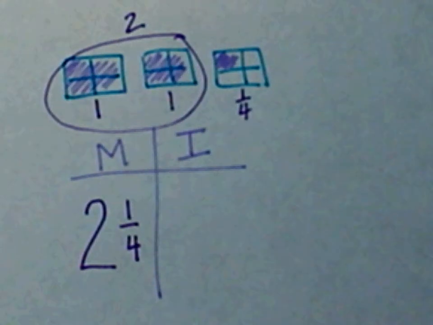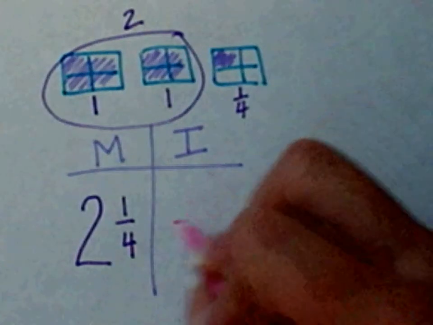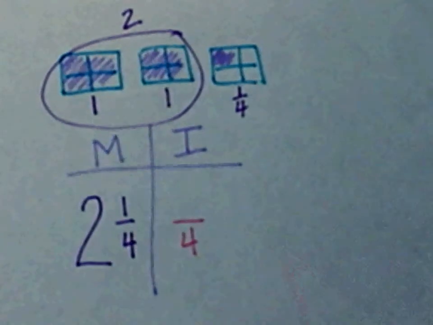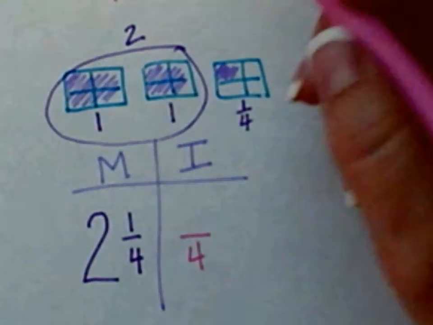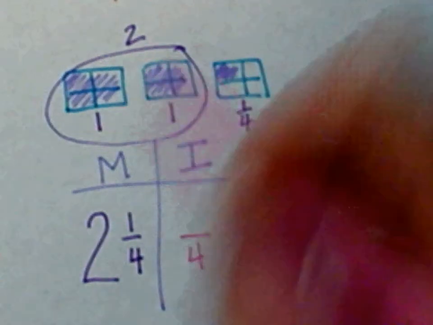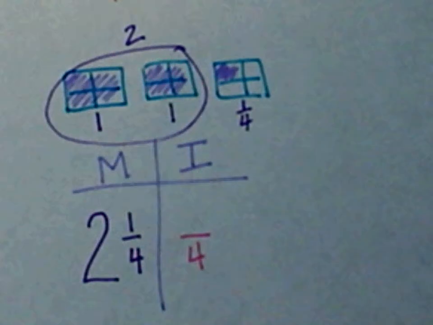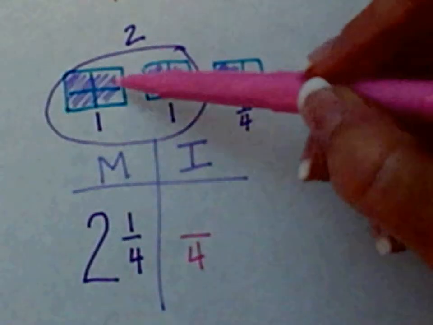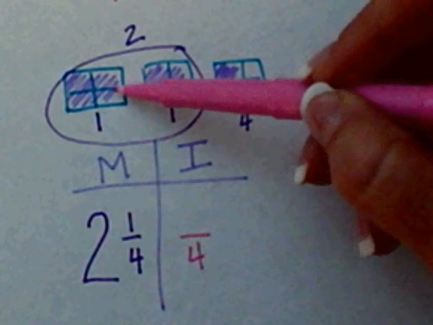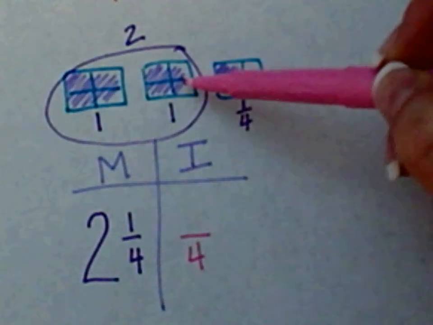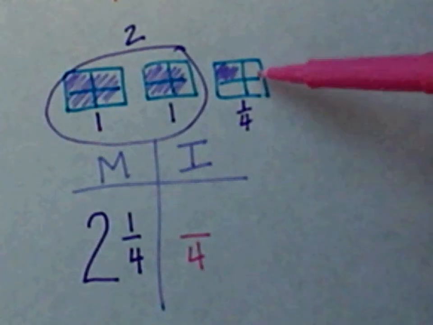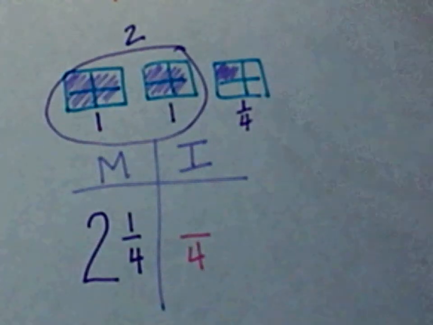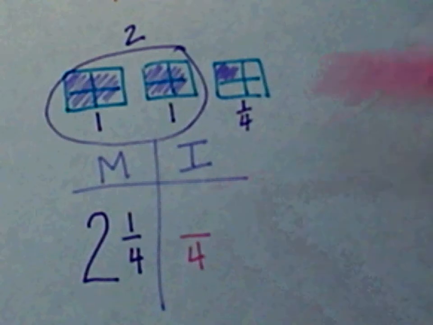For our improper side, we took the denominator, because we knew the denominator has to stay the same, because remember, a denominator is how many total pieces in each picture, not total counting them up, but in each picture. So this one has 4 total, this one has 4 total, this one has 4 total. Even though they're not all shaded, they still have 4 total pieces.